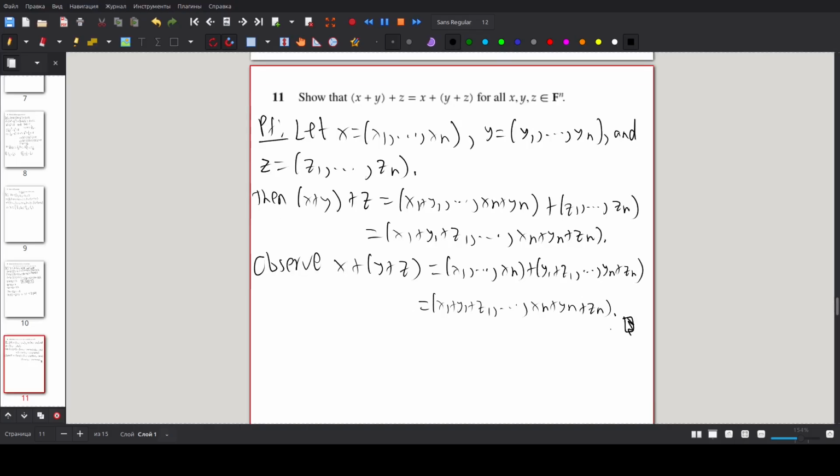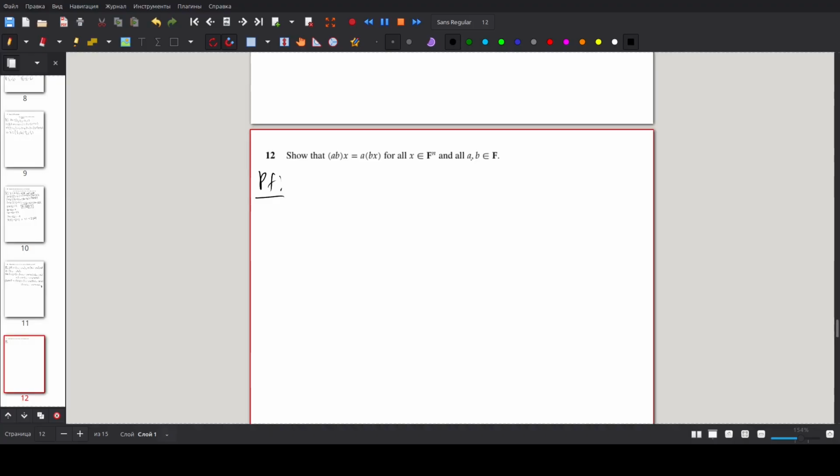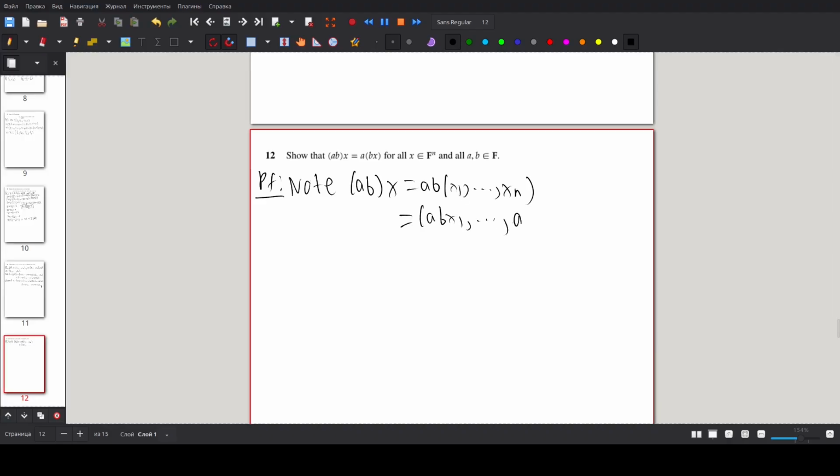Boom. Next. Alright, this one, a and b are just scalars. So we're going to note abx is equal to ab times x1 dot dot dot xn, which is going to equal, because it's a scalar, abx1 dot dot dot abxn.